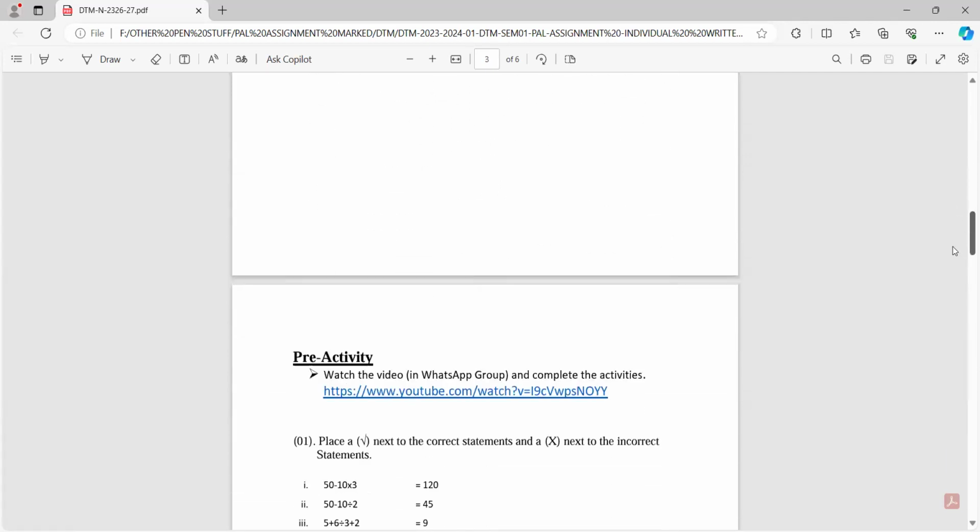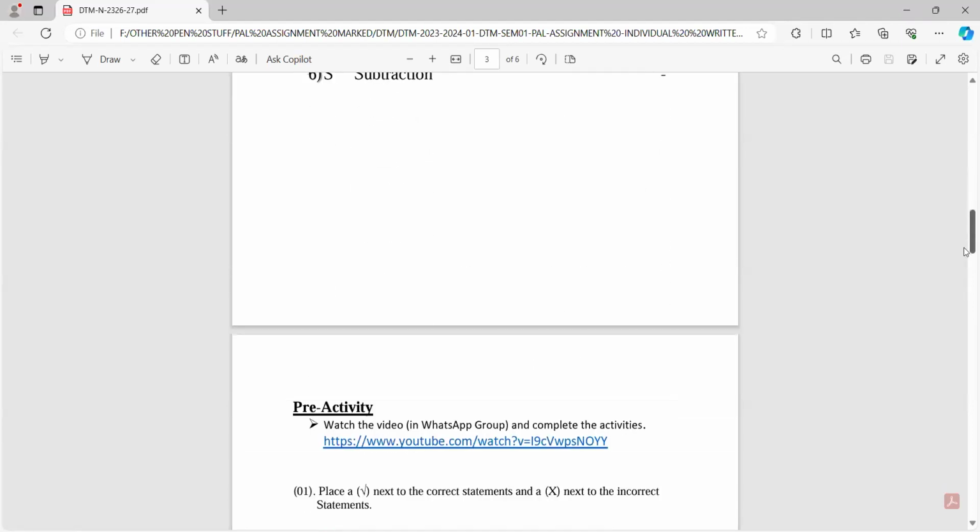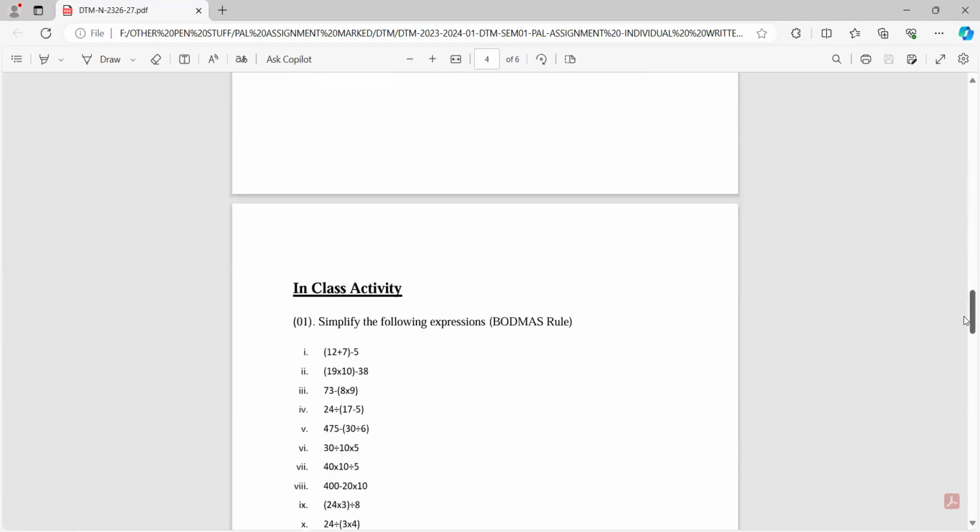It says which has to be actually done first. So brackets, I think brackets are done first. Am I right? Mathematics people? Yes, madam. So the child learns it by watching, and then the child is made to do that.